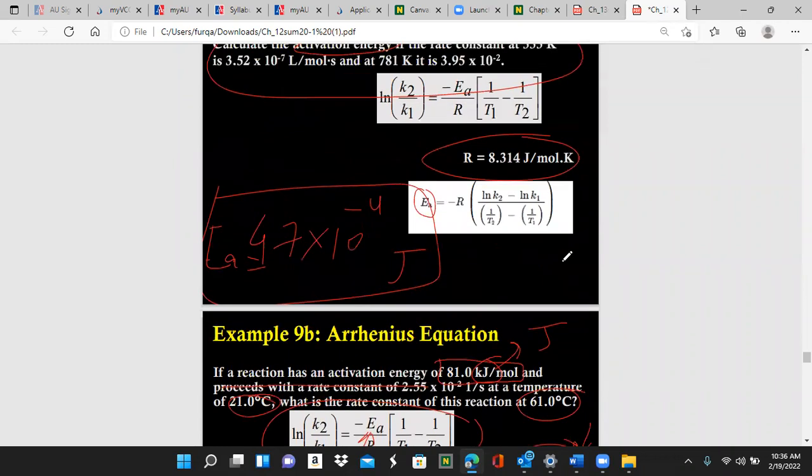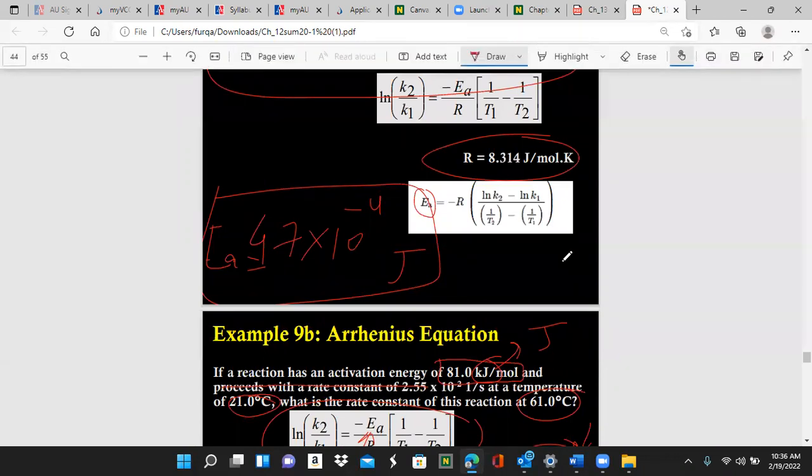Sorry for this one. That's not the activation energy.